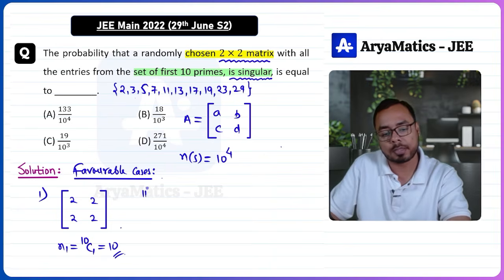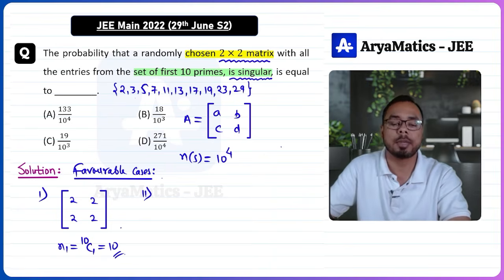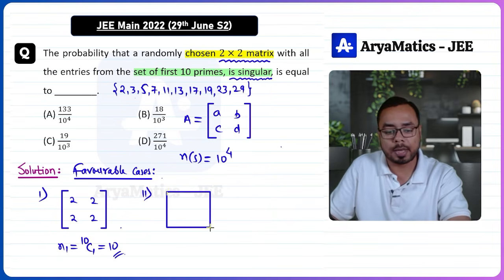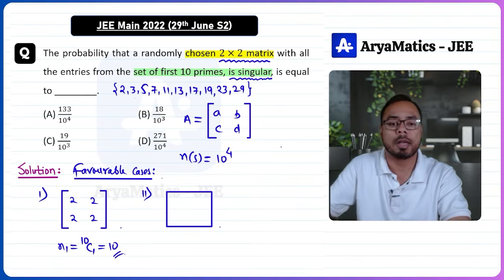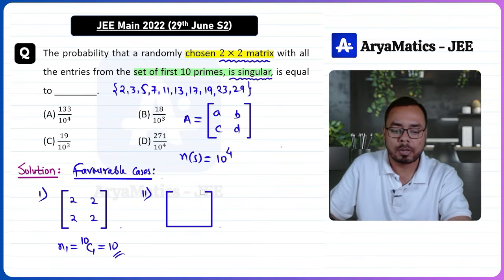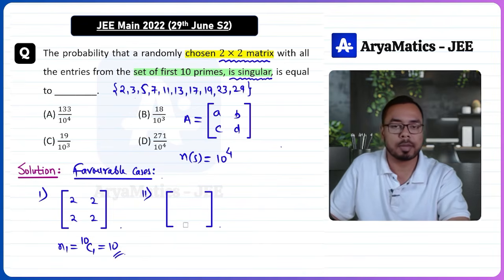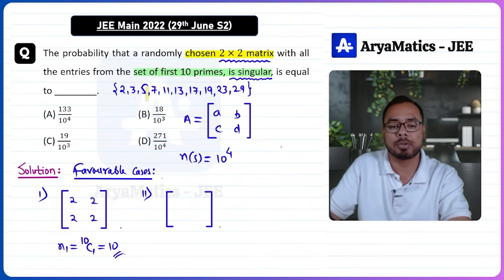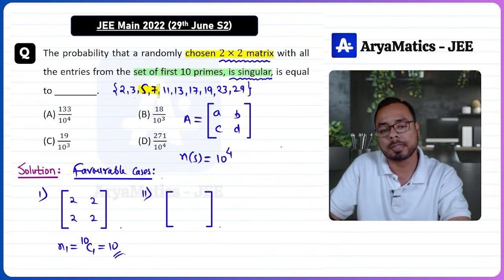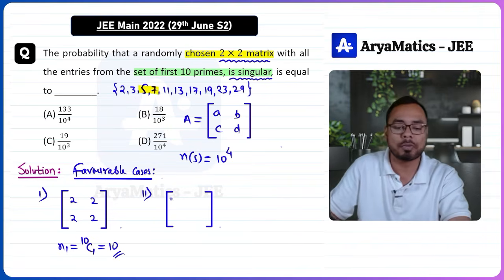Another possibility, the second possibility, will be that out of these 10 prime numbers, select any 2 prime numbers. Let us say we have selected these 2 prime numbers, maybe 5 and then 7. You can select any 2 from there.